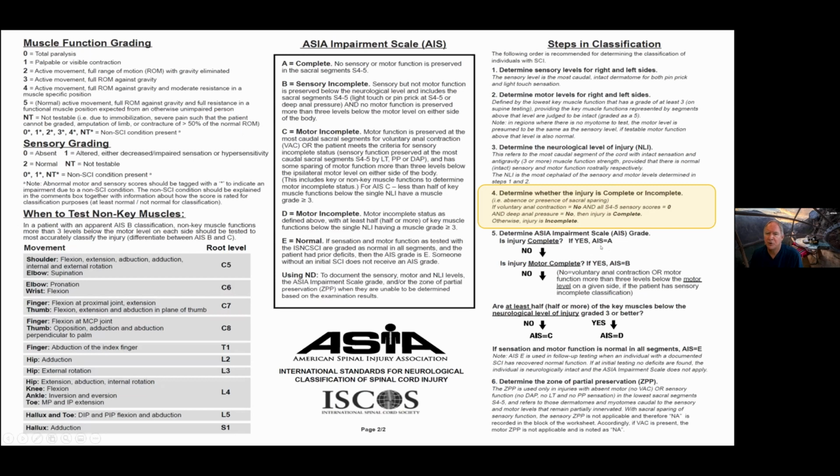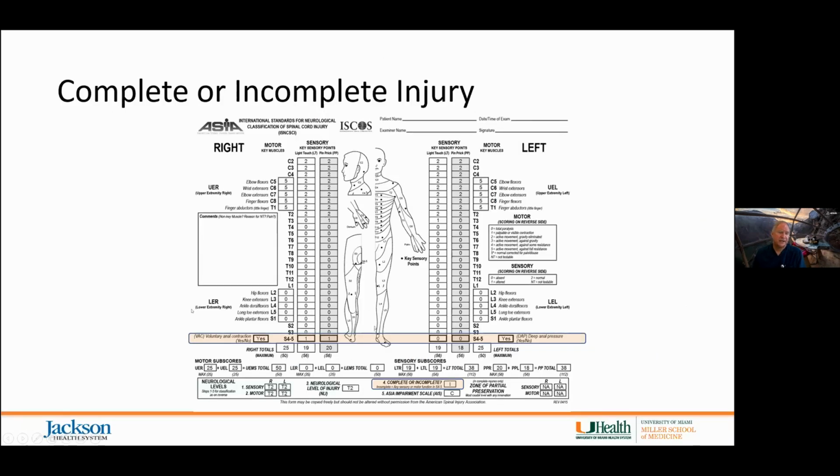So again, what we're looking for here is particularly at the sacral elements. Keep in mind that as we look at particularly the S4, this line is the line that you want to look at to determine if you have a complete or an incomplete injury.